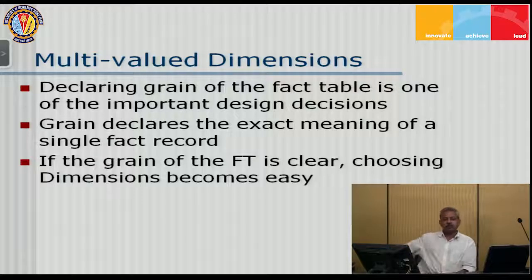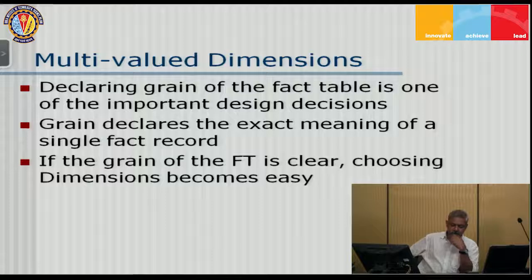So multi-value dimensions, let me give you some background about this. Once we declare the grain of the fact table, and declaring the grain of the fact table is one of the important design decisions, because it controls the amount of data that will be there in the data warehouse. And second, it defines the dimensions that are going to be involved.